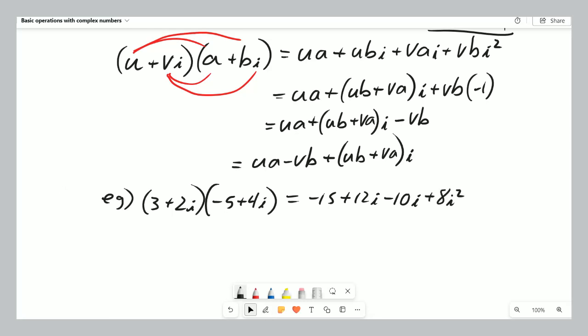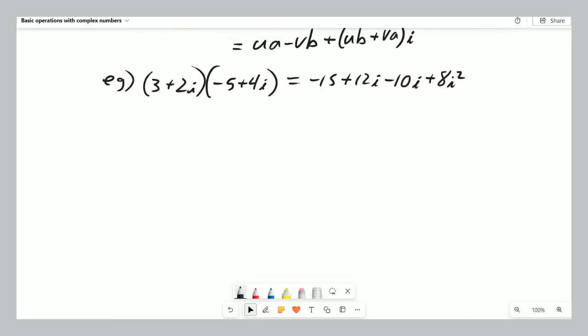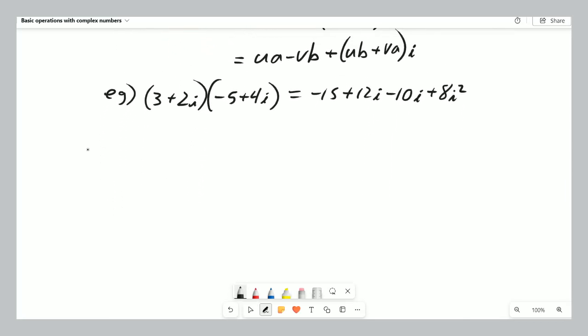Now remember that i squared is a negative 1. So we actually have negative 15 minus 8, right? That is a minus 8 because i squared is negative 1.